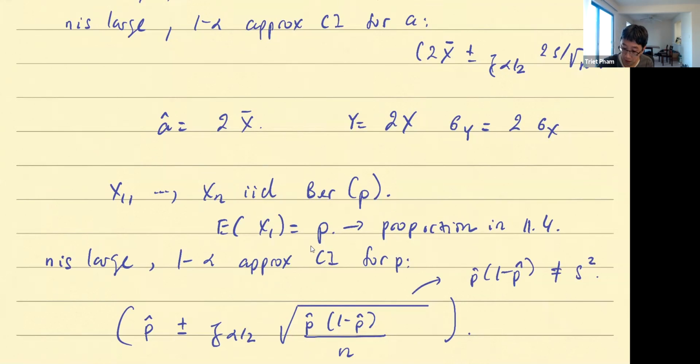But the standard one that people use for the proportion confidence interval is this. So there's some difference here that I want you to pay attention to. We're going to go into more details of this on Friday.